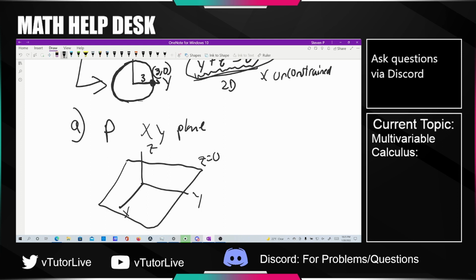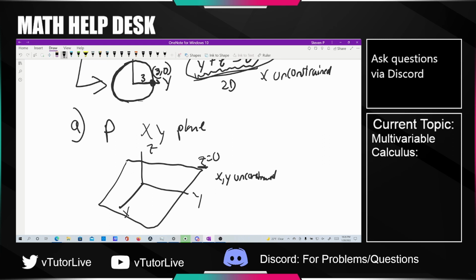Anything that's parallel to the XY plane is going to be Z equals 1, Z equals 2, or 3, or 1.5, or Z equals something. The idea is that where Z is constrained, X and Y are unconstrained.